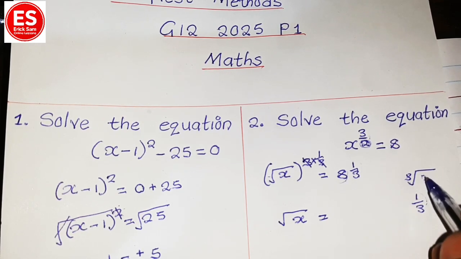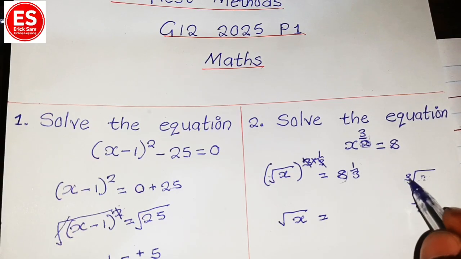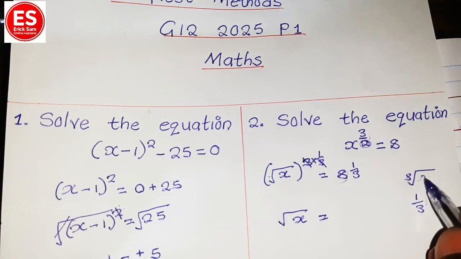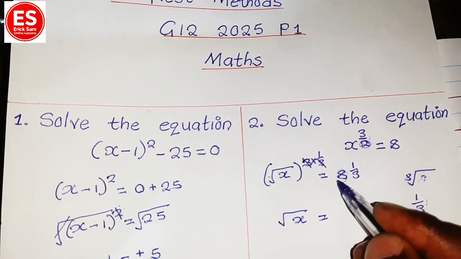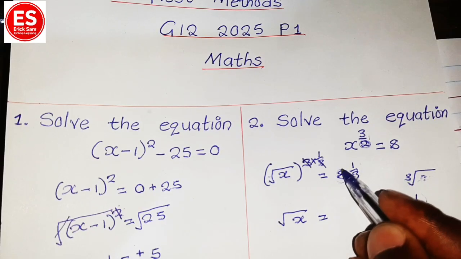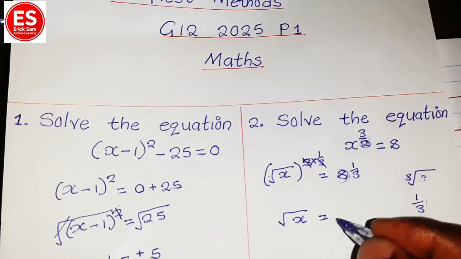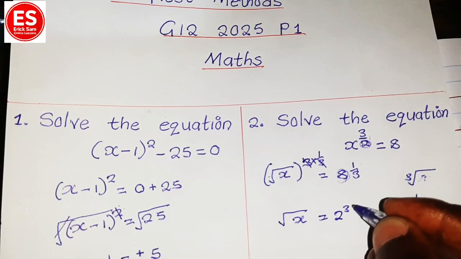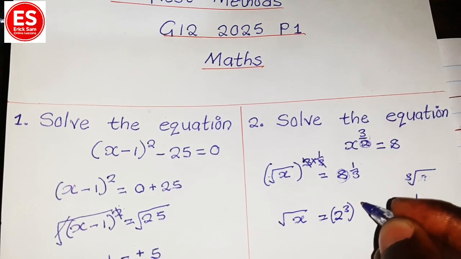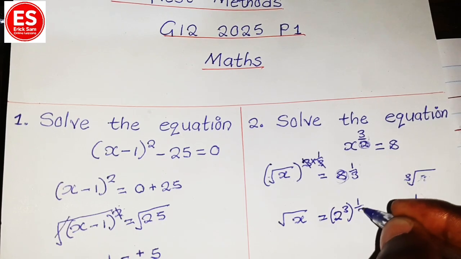All right, so you're going to find the number that when you multiply it 3 times, you get 8. Which number is that? Or you can say 8, which number can we write in simplest form as a power? You're going to say 2 to the power 3.